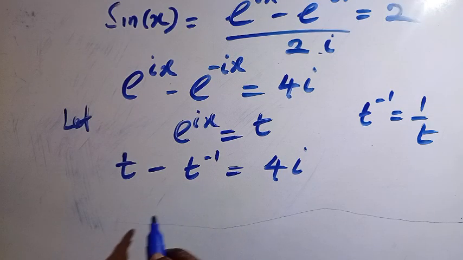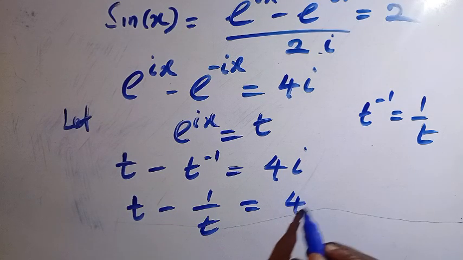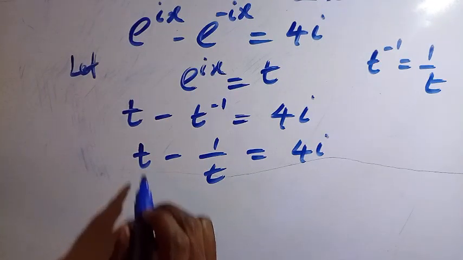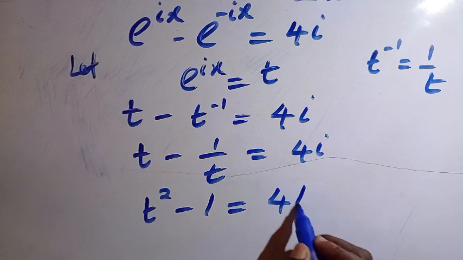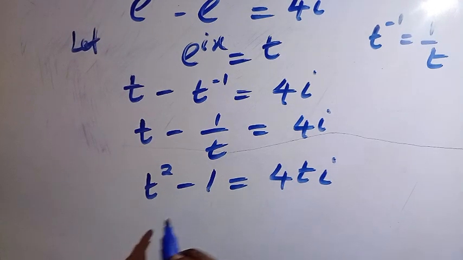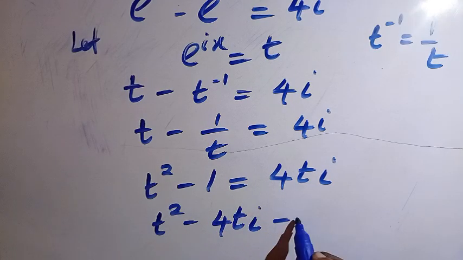Then we have t minus 1 over t equals 4i. By multiplying through by t, this becomes t squared minus 1 equals 4ti. Let's take this 4ti to the left hand side. We have t squared minus 4ti minus 1 equals 0. This is a quadratic equation that we are going to solve.